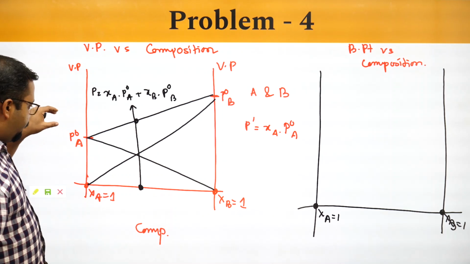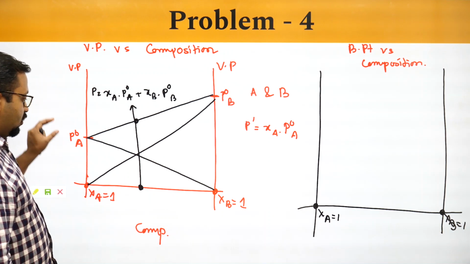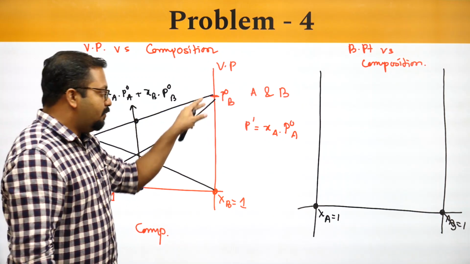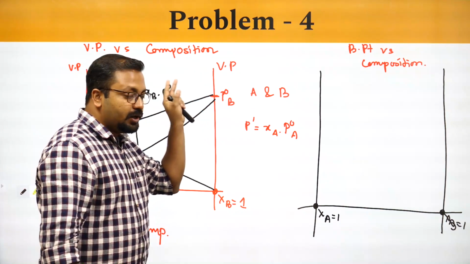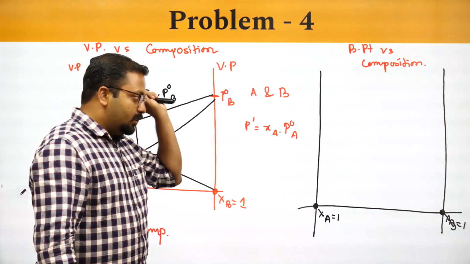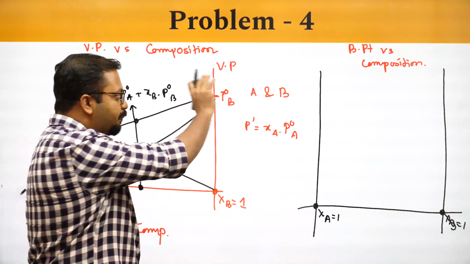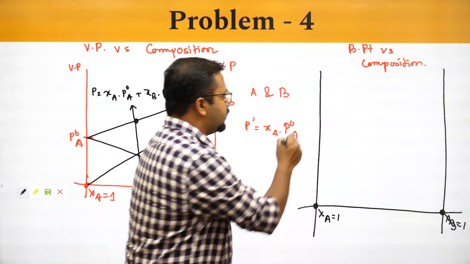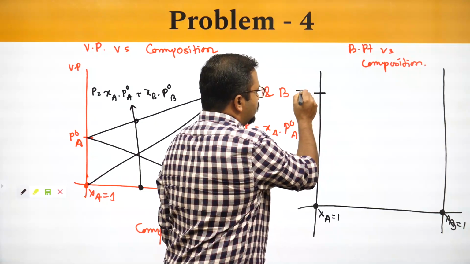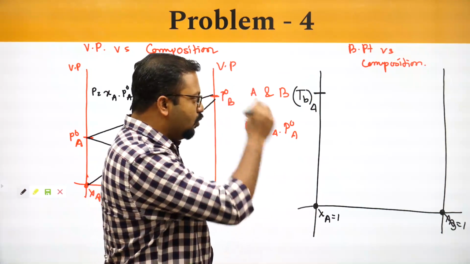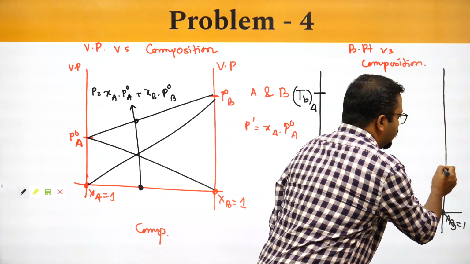The vapor pressure of A is less as compared to B, so the boiling point of A will be more than the boiling point of B.